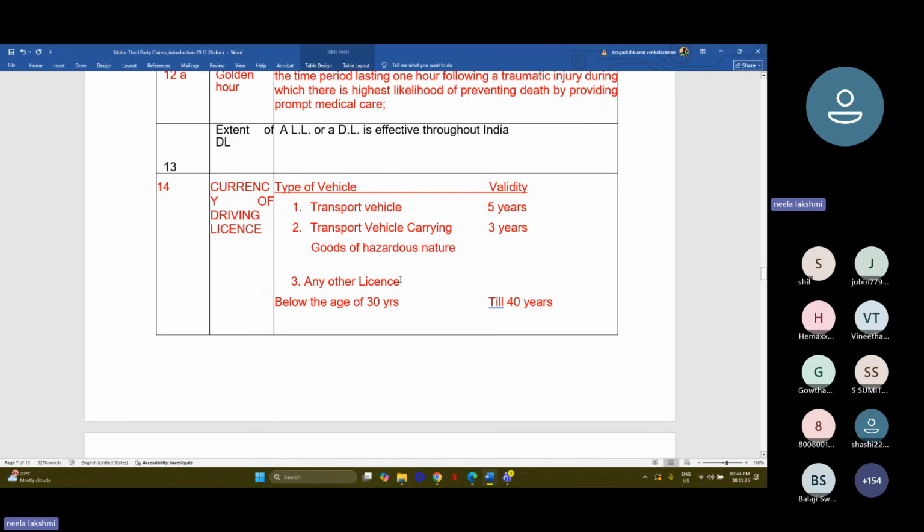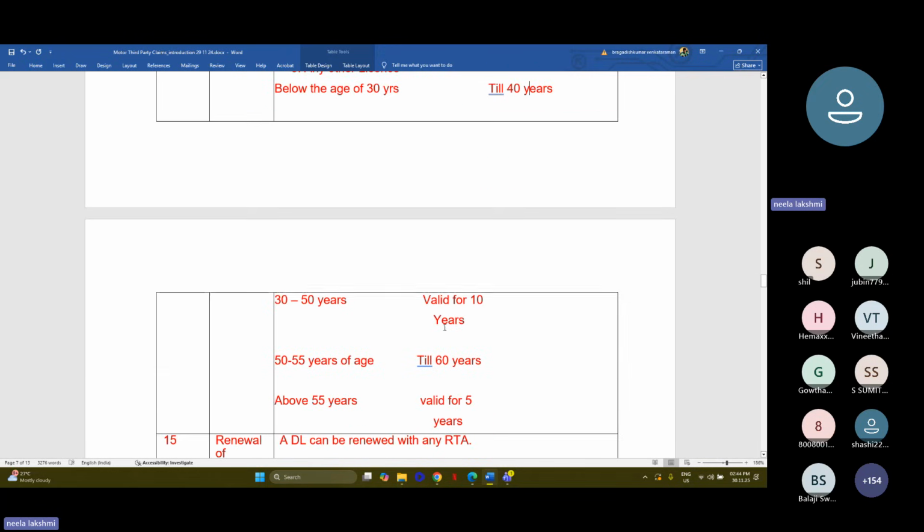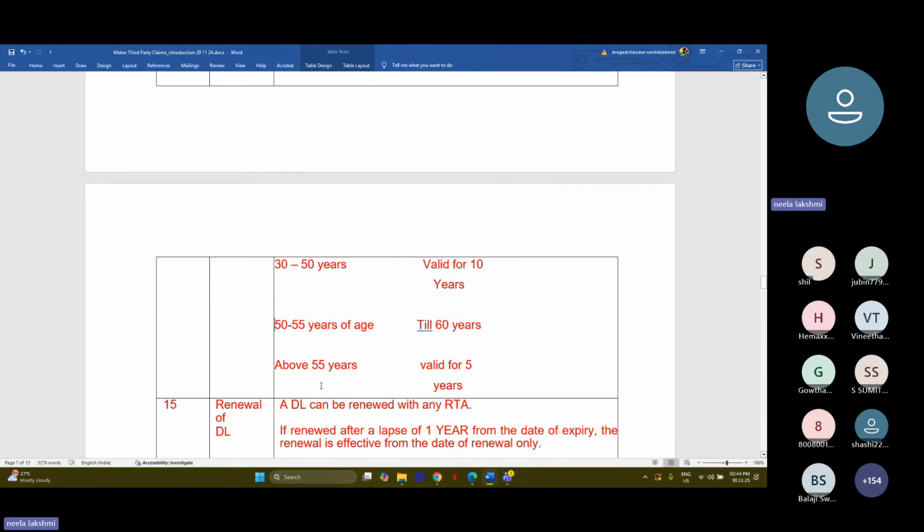For any other license, one who is below the age of 30 years will be given a license till the age of 40 years. If a person is between 30 and 50 years, his license will be valid for 10 years. If a person is aged between 50 and 55 years, his license would be valid till 60 years.